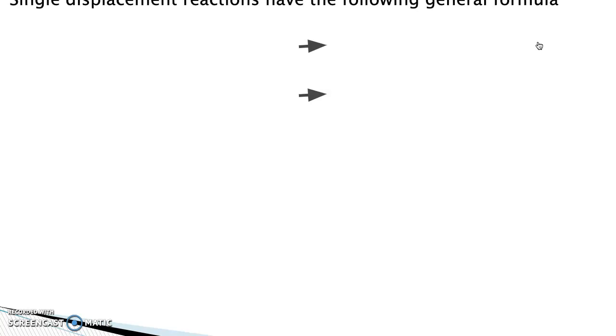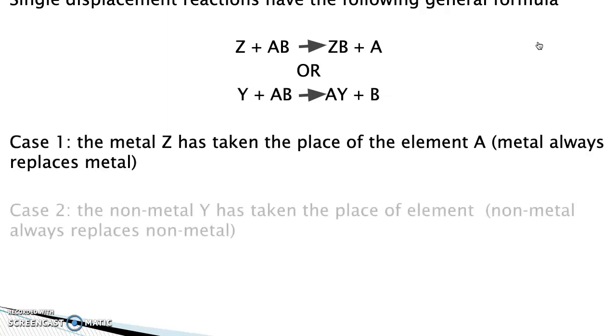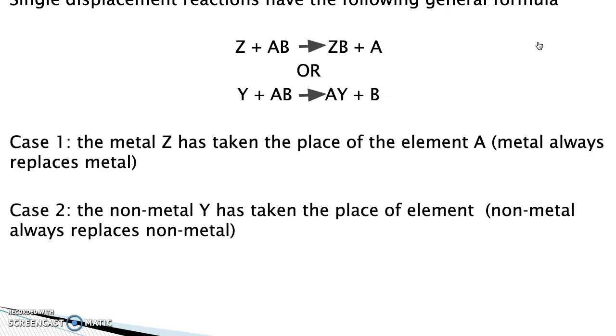Single displacement reactions have a general formula. There's going to be a lot of letters here, but I'll try to explain as best as I can. Basically, you either have a metal and a compound, and the metal takes the place of the other metal, and you're left with the other element separate. It says metal always replaces metal.